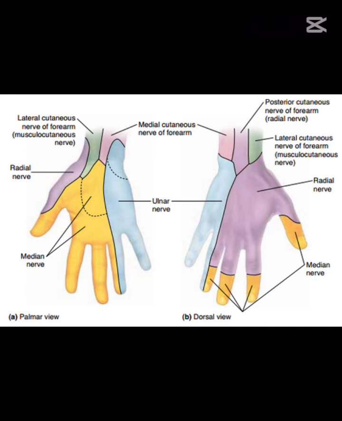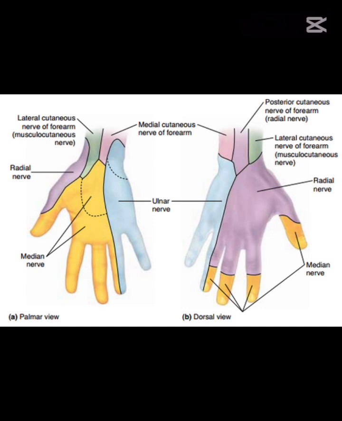But the Superficialis is innervated by the median nerve, while the Profundus has dual innervation. The medial side, which is the fourth and the fifth finger, is supplied by the ulnar nerve, but it is just like 1.5. So the fifth finger and half of the fourth finger is supplied by the ulnar nerve.